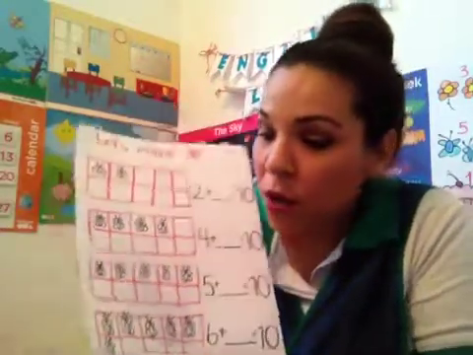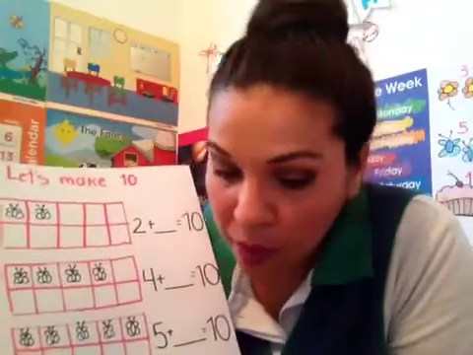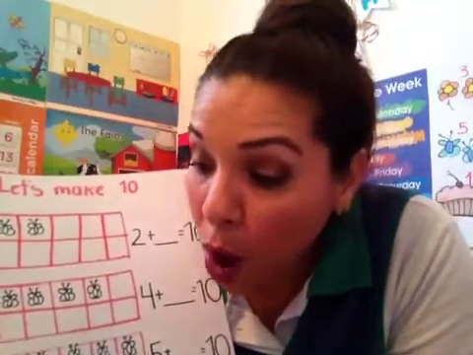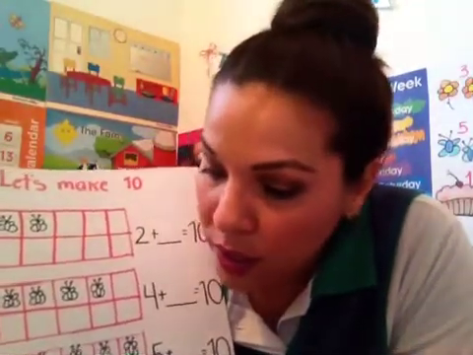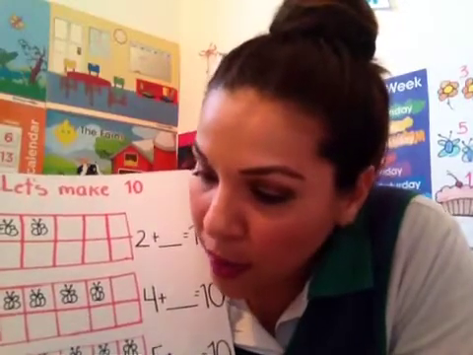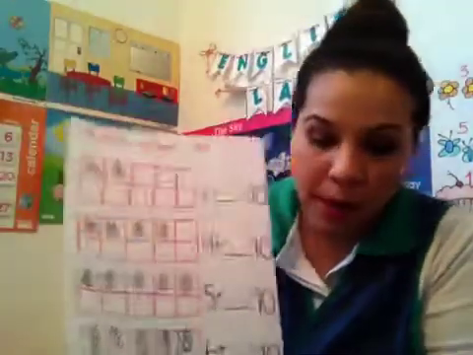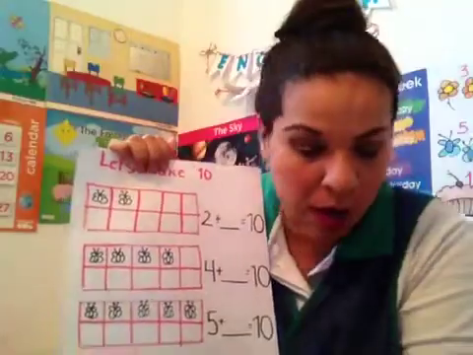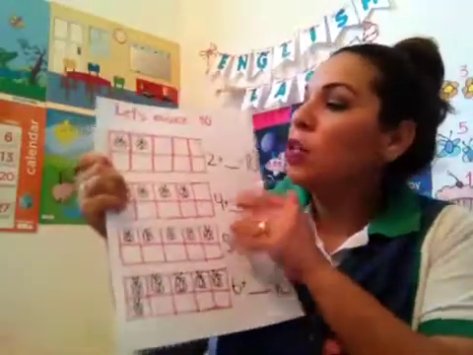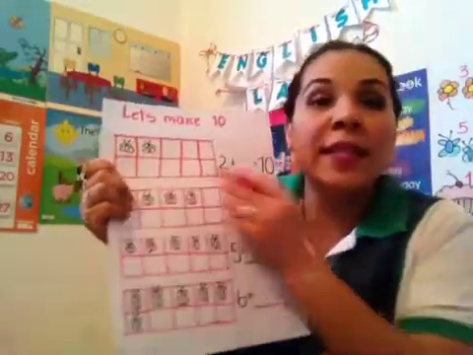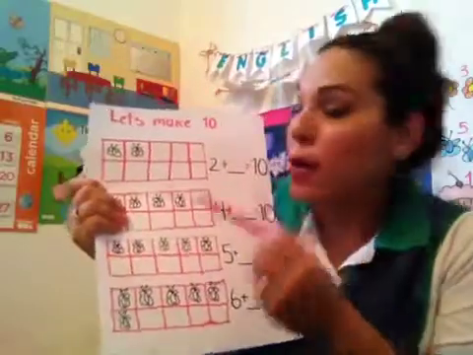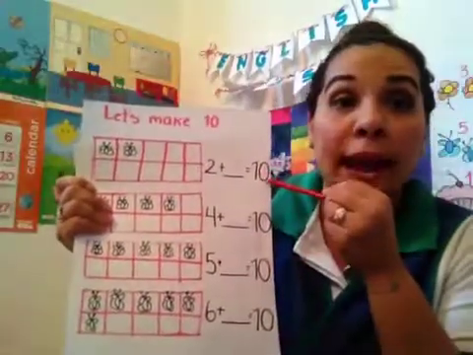Okay? So I am going to help you with the first one, and I want you to work on the other ones. Right here, I'm going to get a color, and I'm going to get the book, okay, right here. So we have 2.